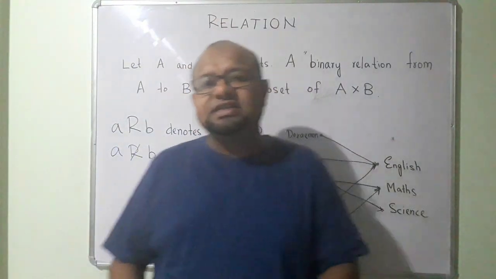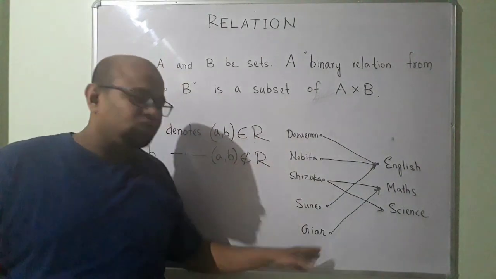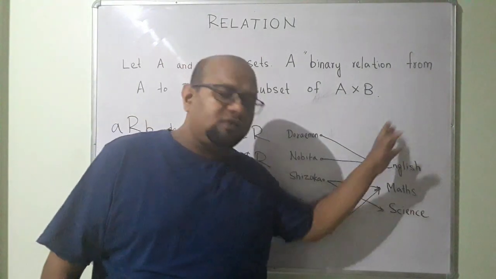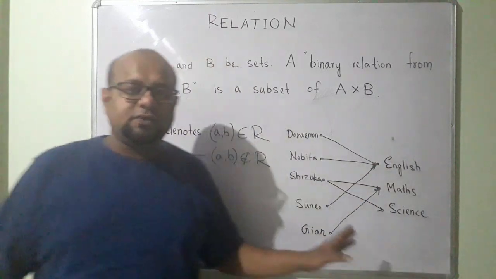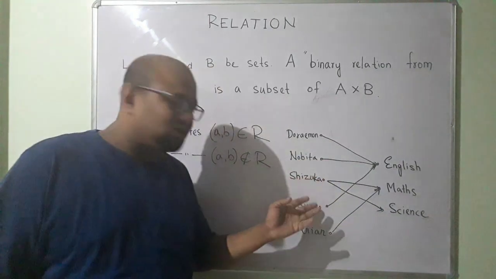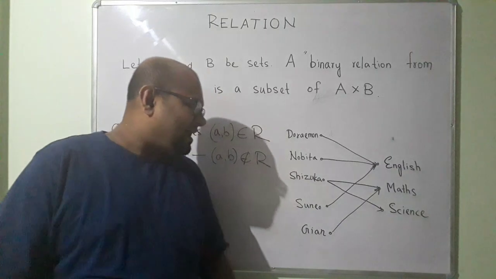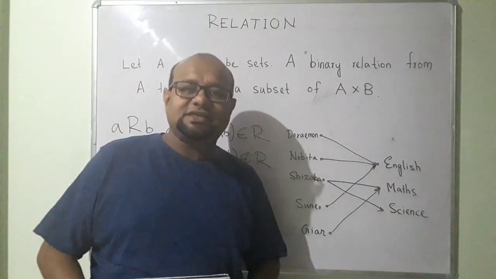With that, here is an example of a relation. Here I have this set of students and this set of courses. The students are Doraemon, Nobita, Shizuka, Suneo and Jian. You know these people, hopefully. And the subjects are English, Maths and Science.